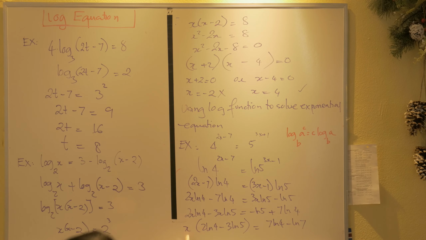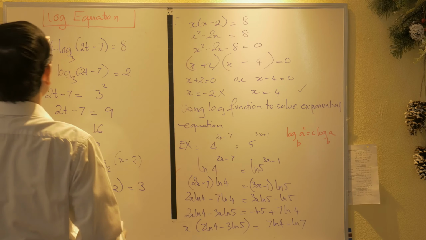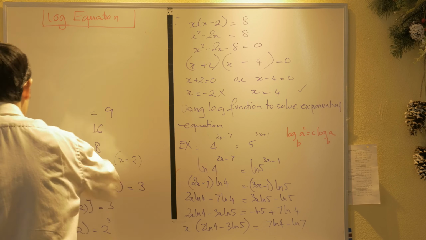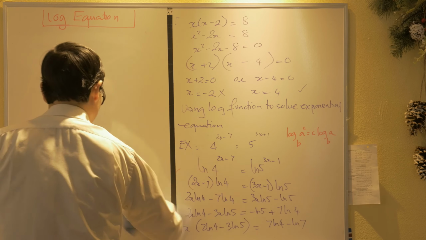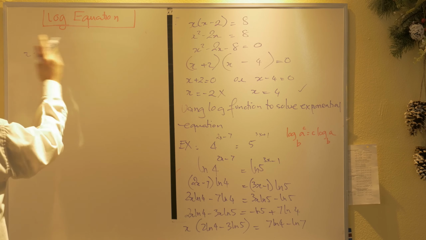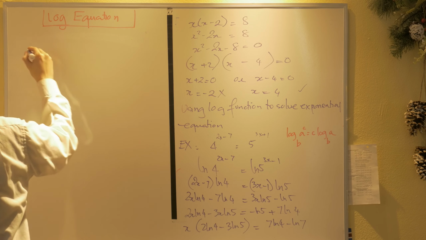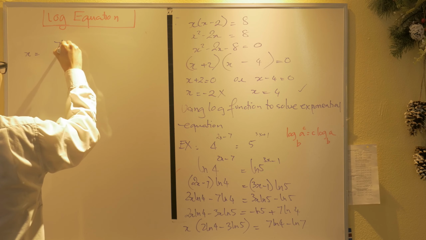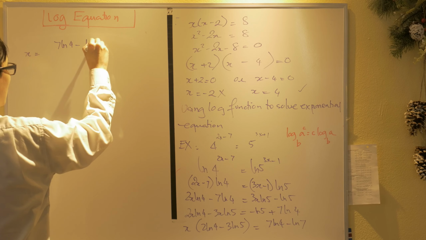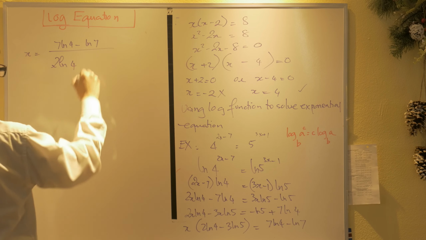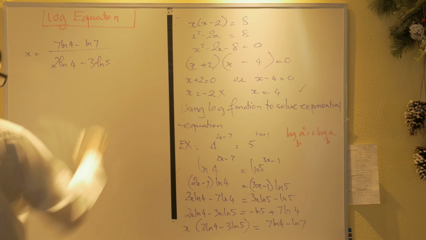Now, in order to get x, what do we need to do? I just divide, right? So in order to get x, I divide both sides by 2 ln 4 minus 3 ln 5.